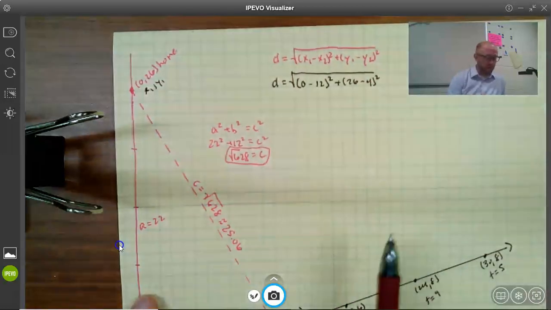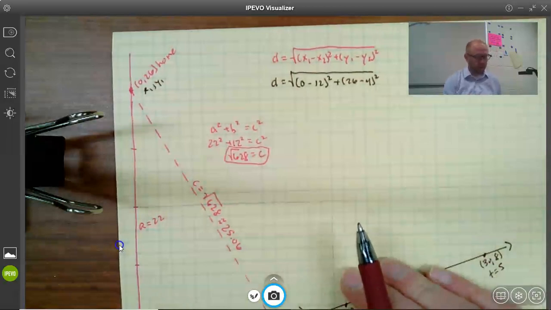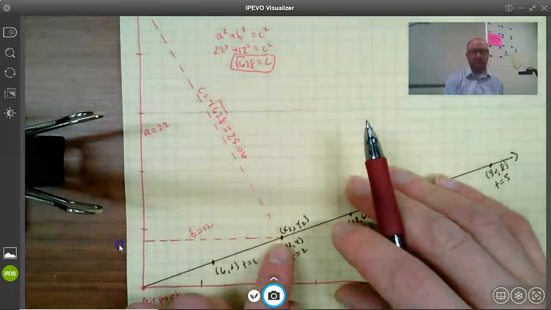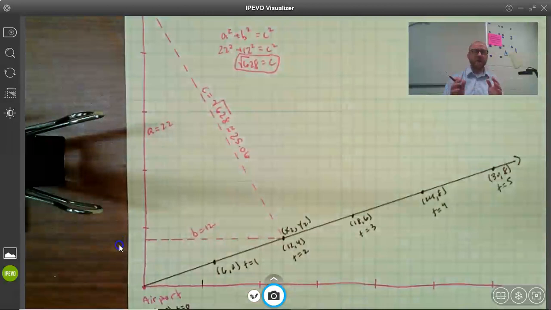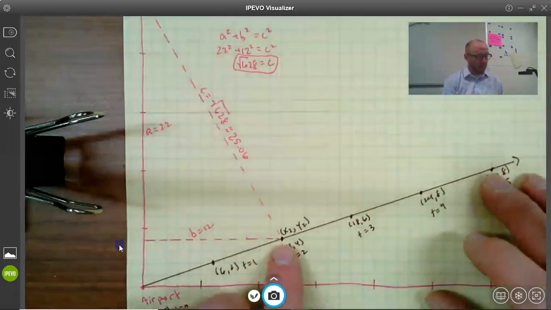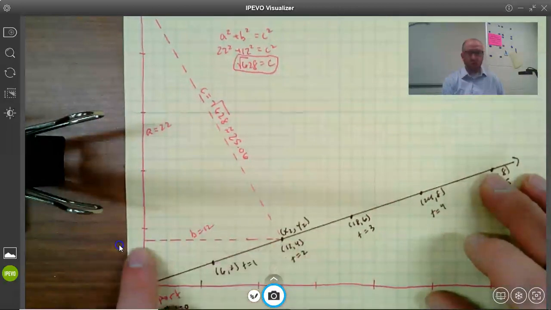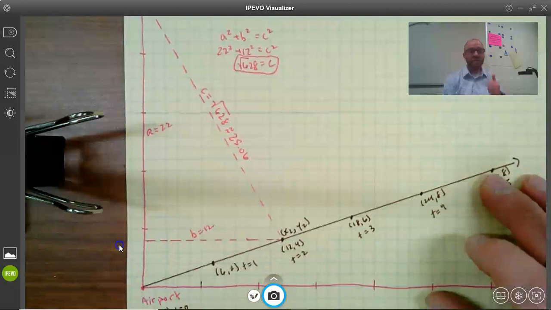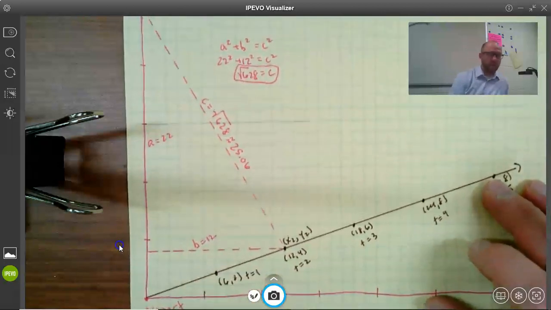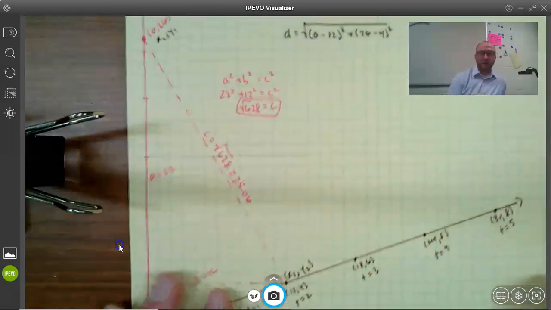And second of all, the reason it comes out as negative is because when you're subtracting, you're not calculating distance, you're calculating displacement. What we're calculating is that we travel from here to here. We're going backwards, so it's negative 12 spaces. But again, after we square it, that won't matter.